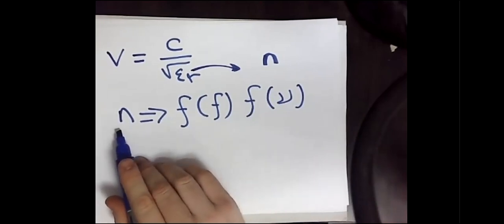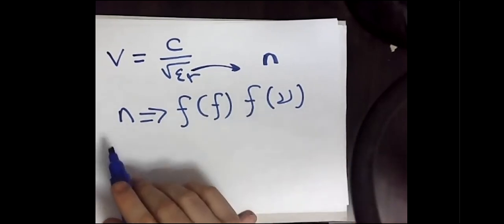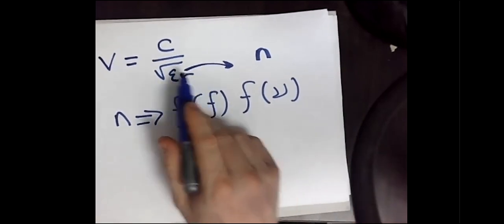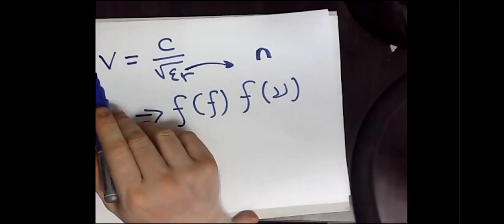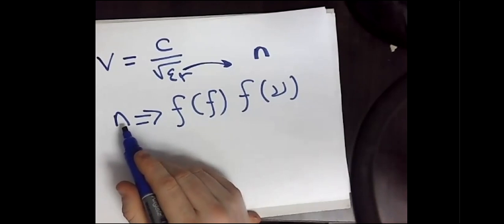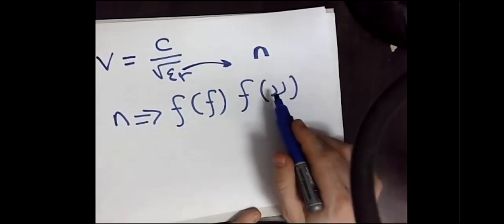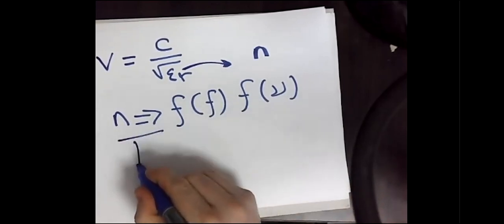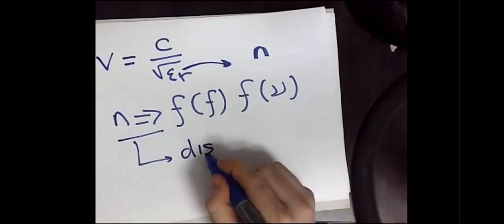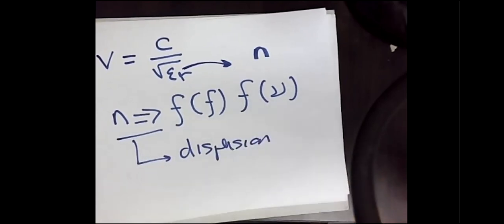If n, which is the case, is a function of mu, then each frequency component will have a different velocity with respect to the other. The variation of the refractive index with frequency is called the dispersion effect of the material.